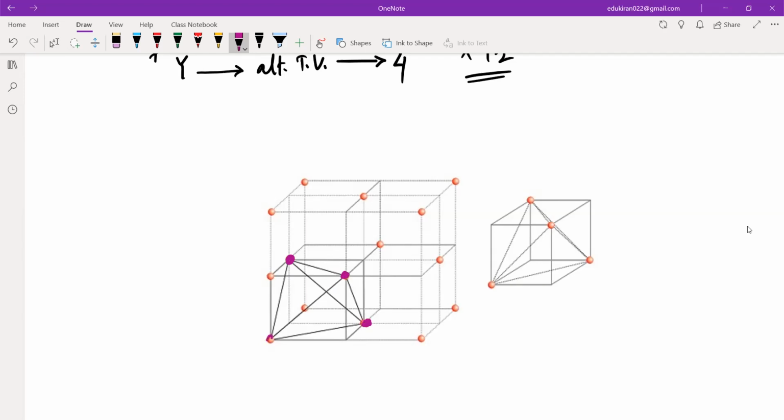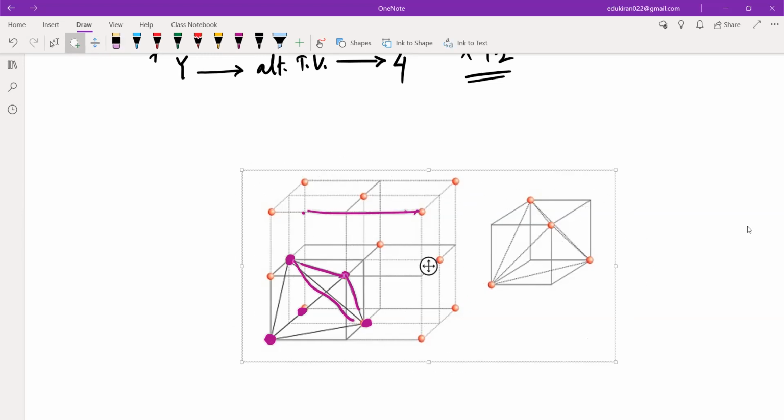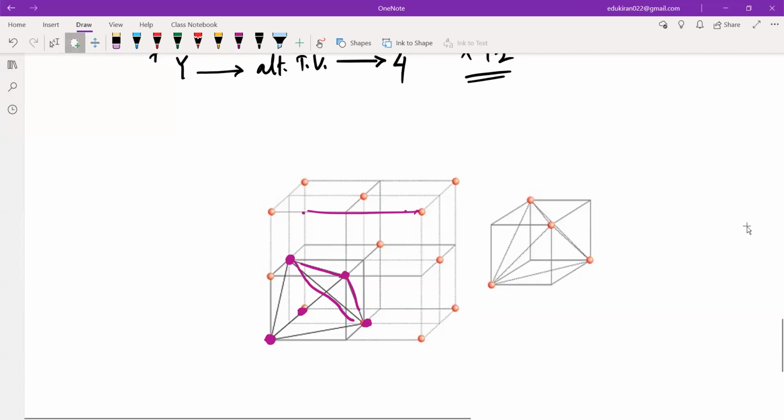Then we have the corner atom, which is this corner atom, and as you can see, this is making one tetrahedral void. The tetrahedral void will be present somewhere here, and similarly there will be some atom here. If you join them all, you can again make some kind of cube, which will be smaller in size, joining the tetrahedral voids. 8 corners, 8 tetrahedral voids, and if you take some distance away from the corner and make a center here, one center here, and similarly from those back corners also, you'll be making one cube.